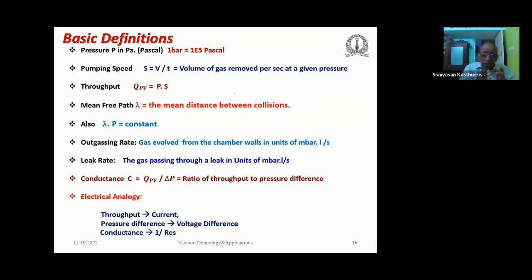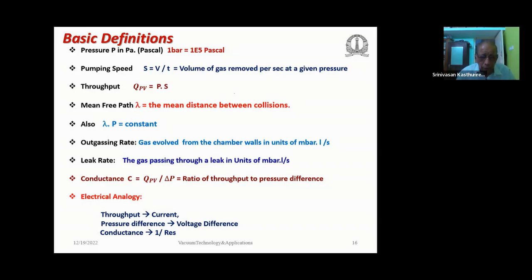On the other hand, suppose I remove molecules, gradually dilute, fewer molecules, then the average distance between the molecules keeps on increasing. So obviously, lower the pressure, higher is the lambda, and higher the pressure, lower is lambda, which means lambda into P is a constant. That is, the product of mean free path multiplied by the pressure is normally a constant.